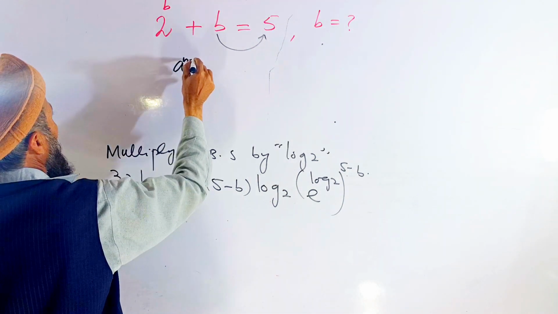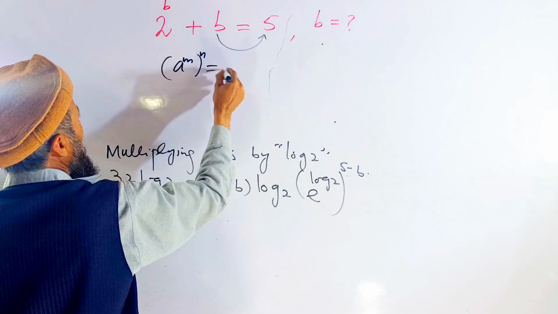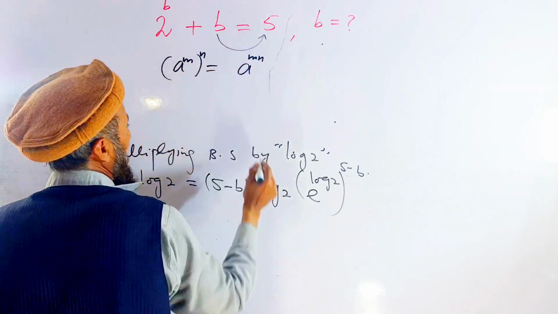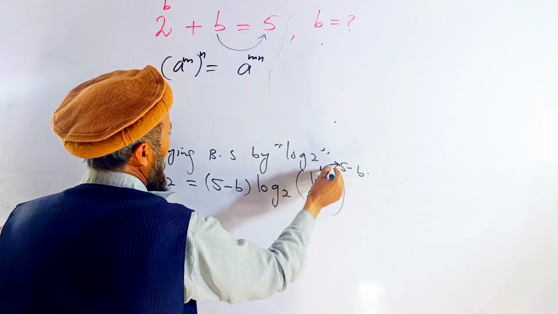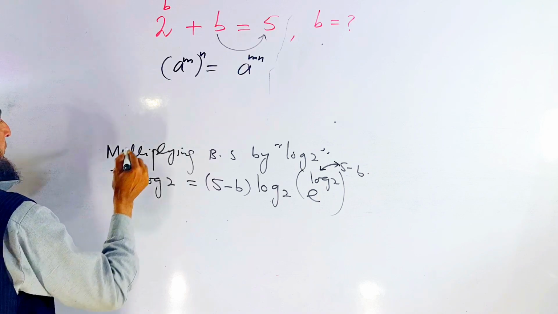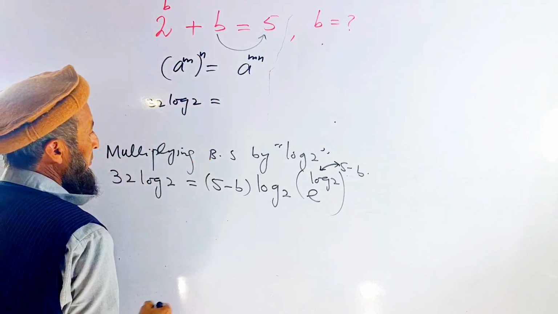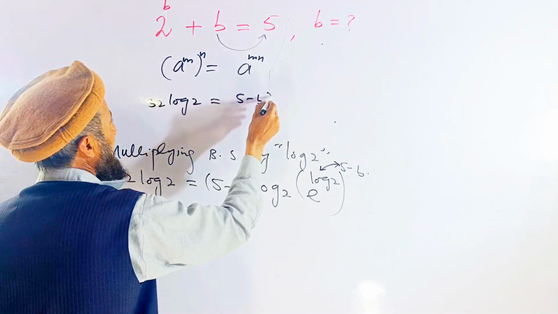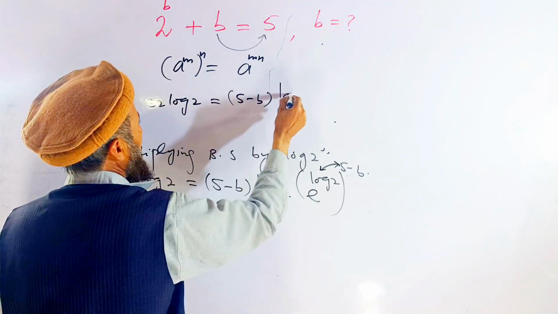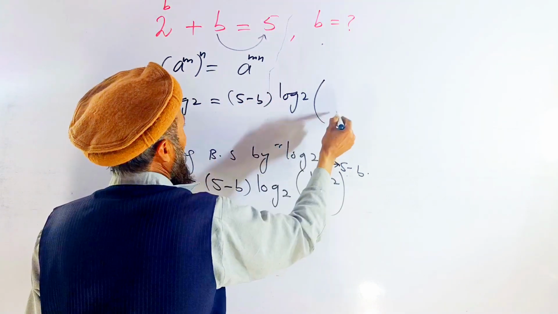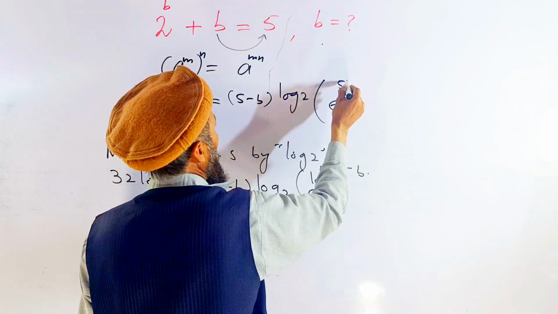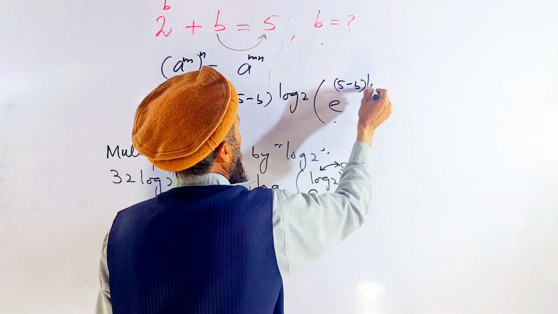According to the double exponent rule, (a^m)^n is equal to a^(mn). According to this rule we multiply there. So we can write 32 log of 2 is equal to 5 minus b log of 2 and e exponent 5 minus b log of 2.